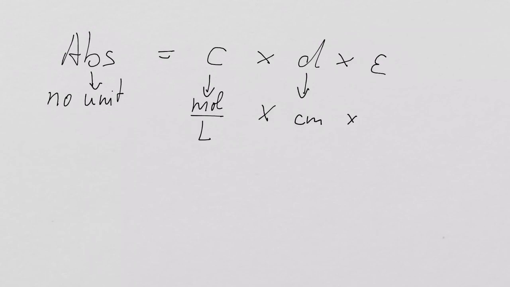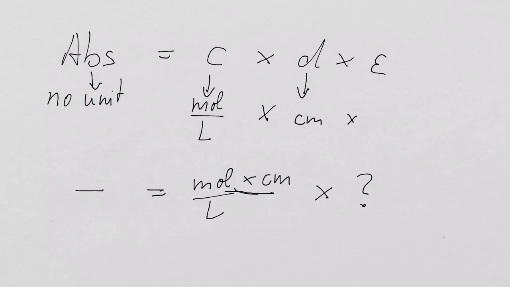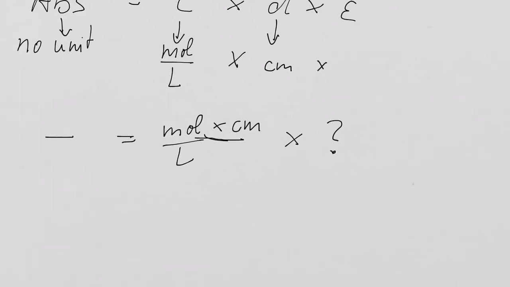Okay. Puzzle for you. No unit equals mole per liter times, I write it in a different way, times centimeter times question mark. So this thing must have a unit that cancels this unit out.